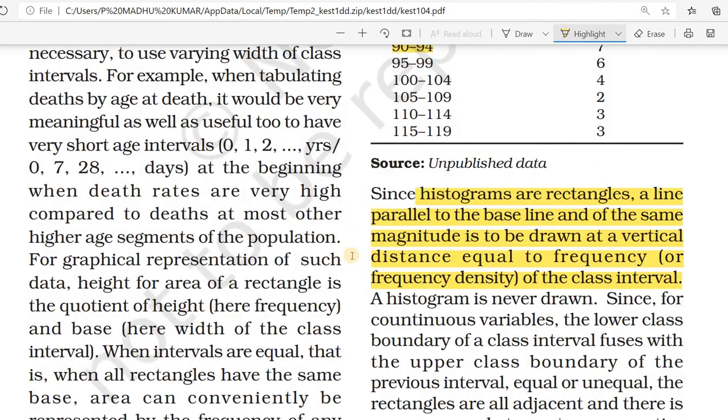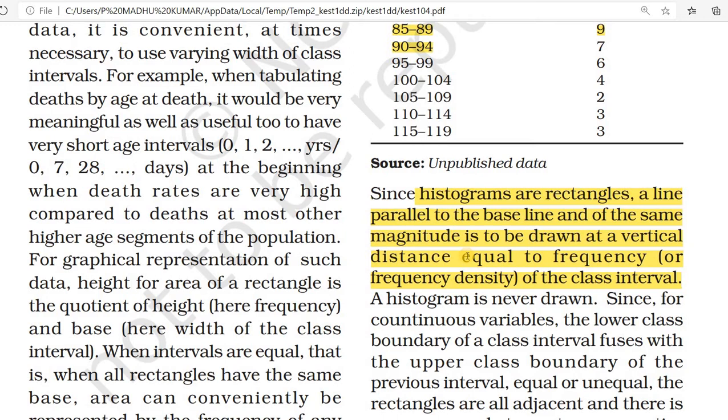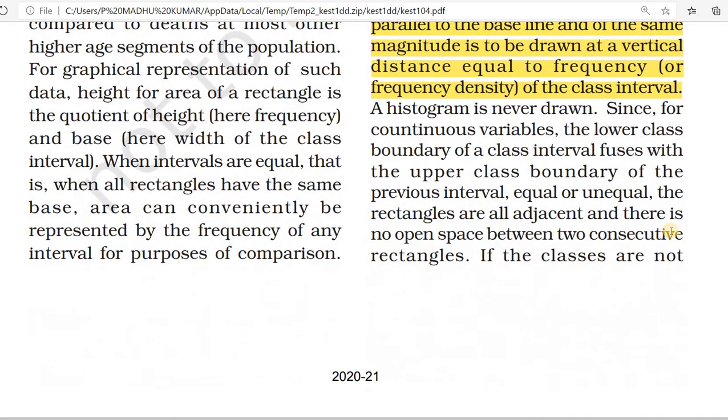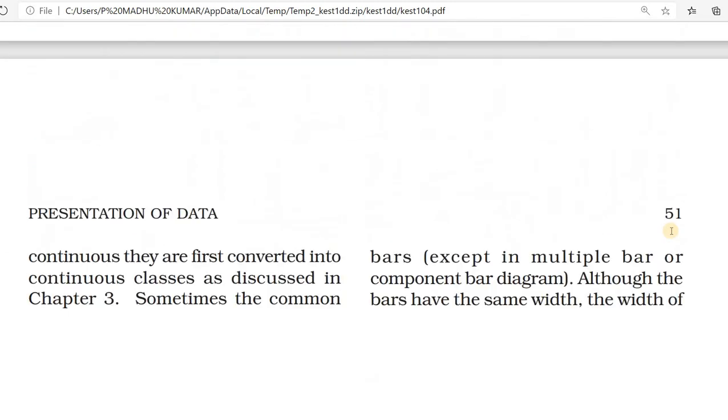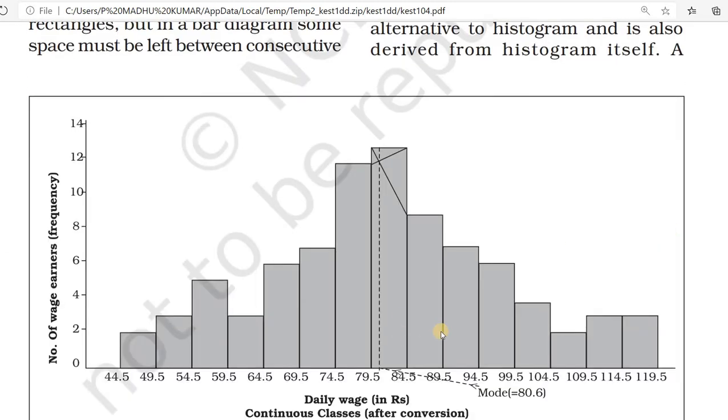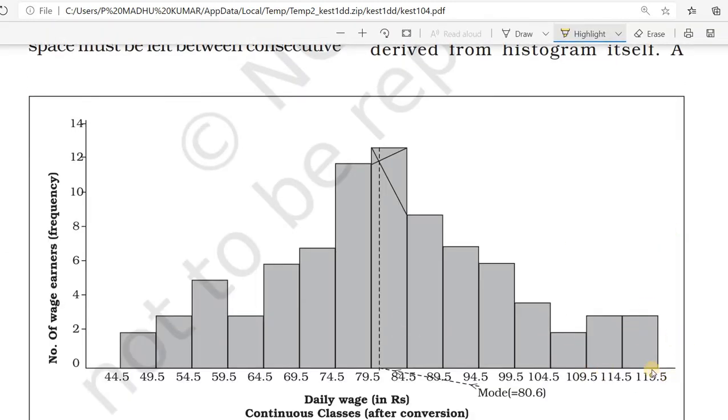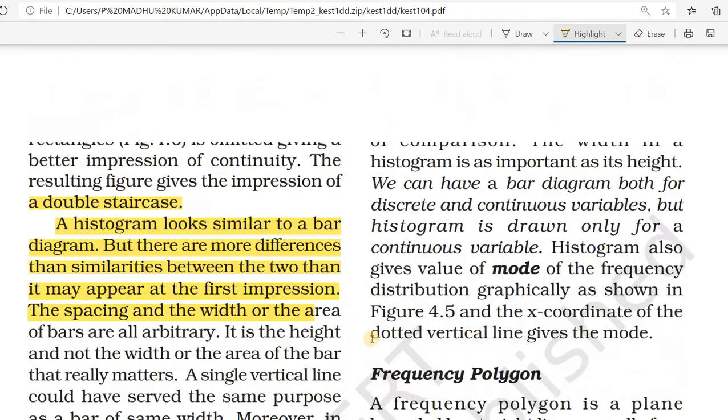a histogram means rectangles lying parallel to the baseline, with a vertical height equal to the frequency of the class interval. Depending on the frequency of the class interval, we draw the vertical line. This is the histogram.